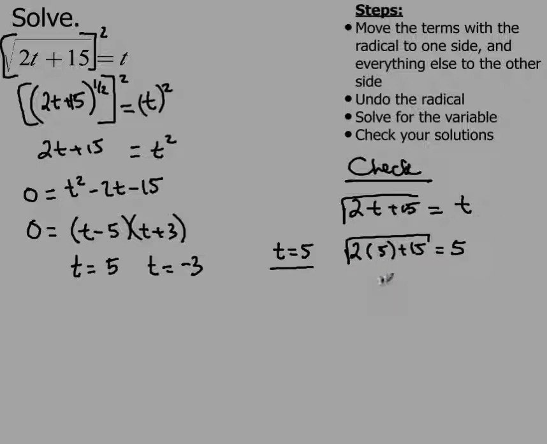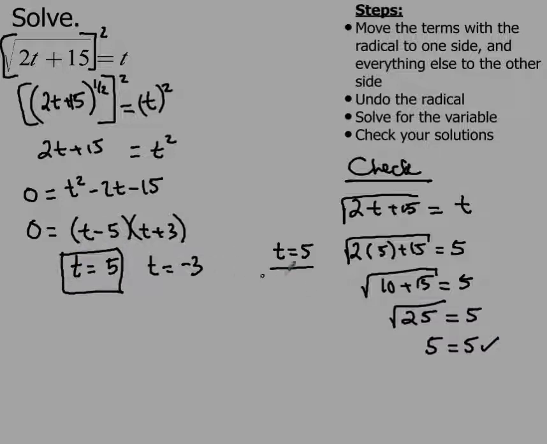So 2 times 5 is 10 plus 15, that's underneath the radical there. Let's see if that equals 5, and 10 plus 15 is 25, so I'm going to have the square root of 25, and of course, the square root of 25 is 5. So t equals 5, yes, that is one of my solutions, yay!